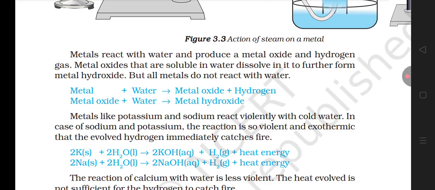First it forms metal oxide, then when it dissolves, it forms metal hydroxide. But all metals do not react with water, this we know very well. So metal plus water gives metal oxide plus hydrogen. Metal oxide plus water gives metal hydroxide. This is clear, I guess.